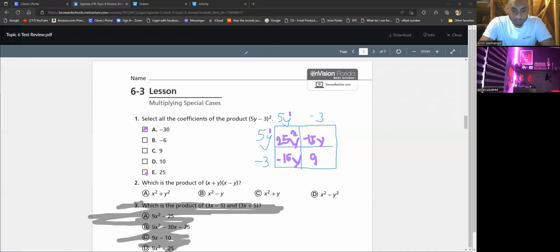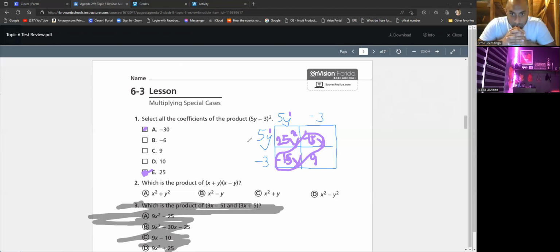Like terms right here, these two. Now combine those two. 15 plus 15 is 30, and it's negative, so negative 30.